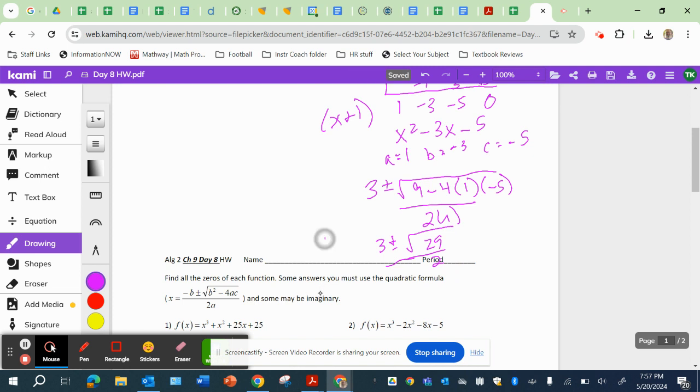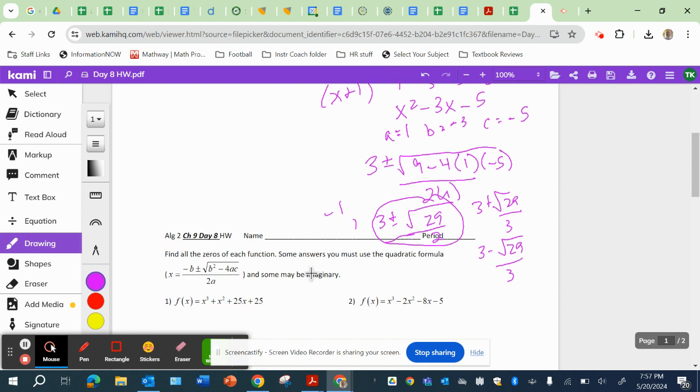So your first 0 is negative 1, and then these are your other two zeros: 3 plus radical 29 over 2, 3 minus radical 29 over 2. So if you graph them, you need to get a decimal. Your calculator would not help you very much.